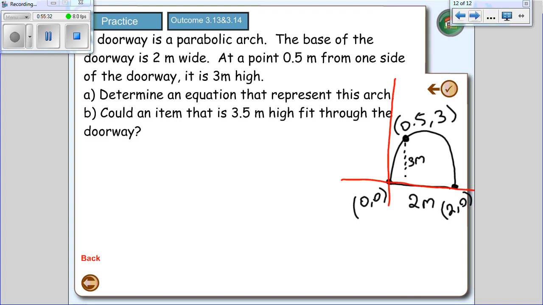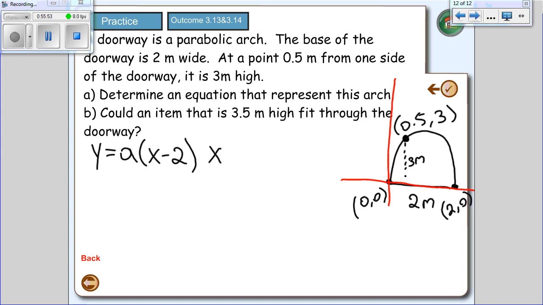The other one's a little tricky. It's just x. If you have a hard time figuring that out, put it in as x minus 0. x minus 0 is just x. Works out the same way.